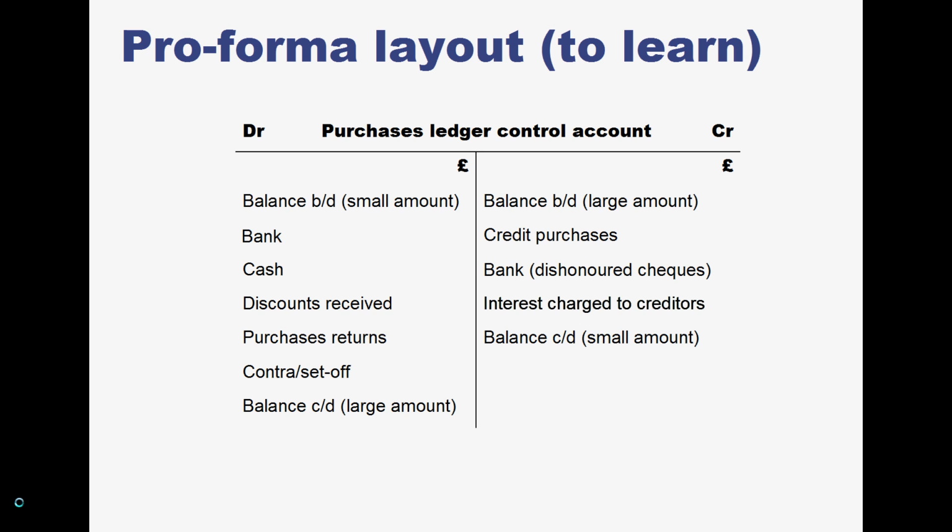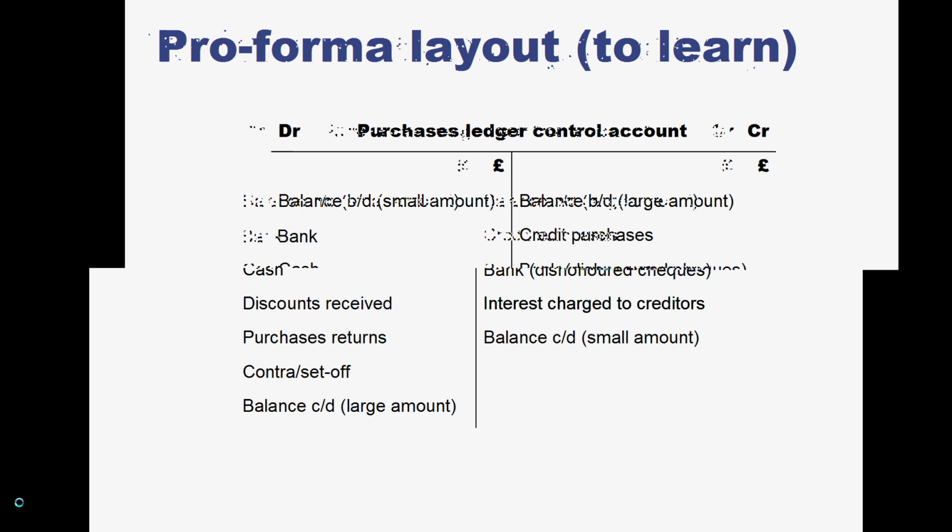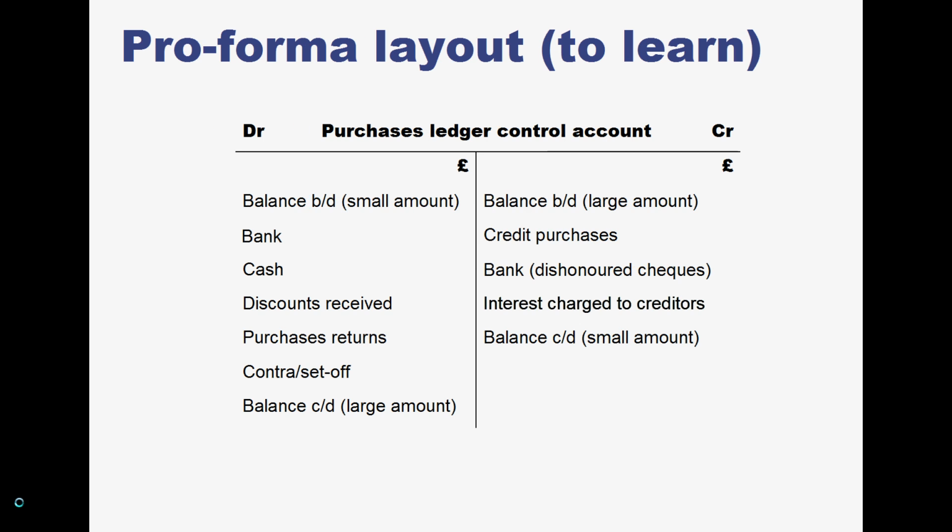In terms of the balance CDs, just remember mainly AQA, you need to remember the large amounts. So this would be a balance CD on the debit side for the end of the year, and balance BD would therefore come down on the credit side to show the actual balance of creditors at the start of the next period. Again, this was mentioned before in the sales ledger control account, the small amounts that they refer to.